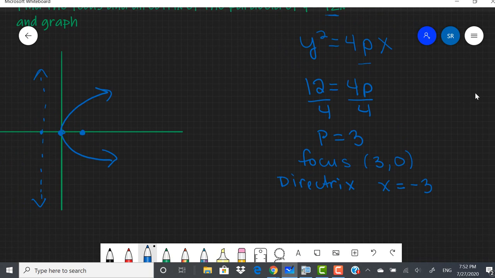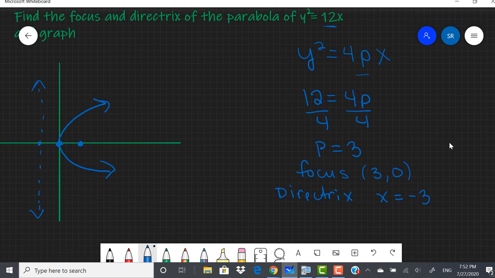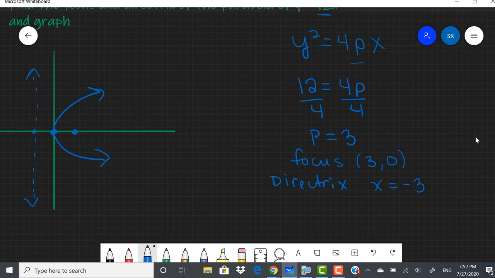So just to go ahead and see if we can get another point here, what I like to do is plug in something for x, but since we're squaring, so we have 12 times something equals y squared, I'm going to look for a perfect square that is also a multiple of 12. So in other words, I kind of knew in my head that 3 times 12 is 36.